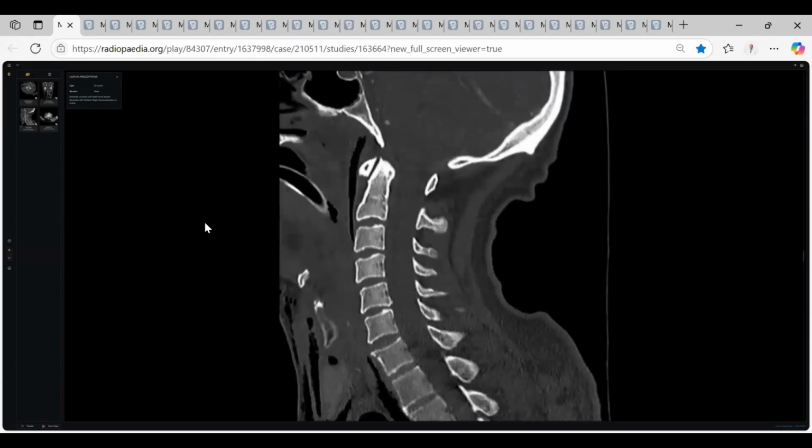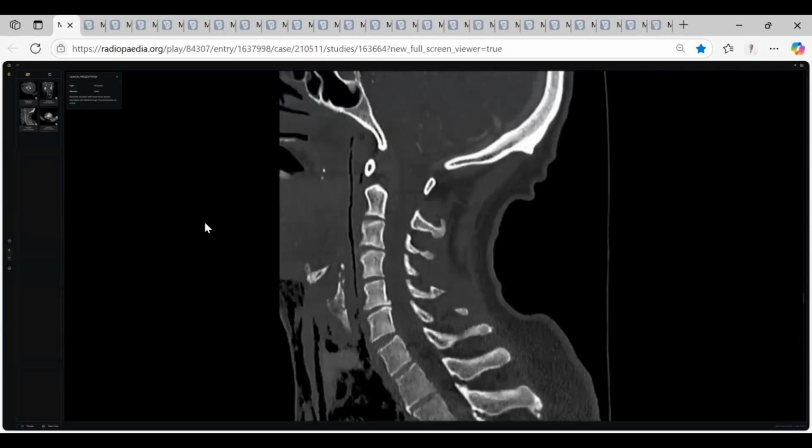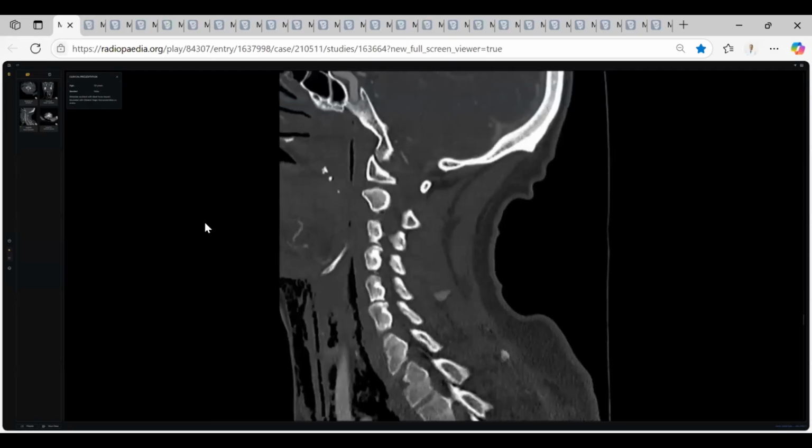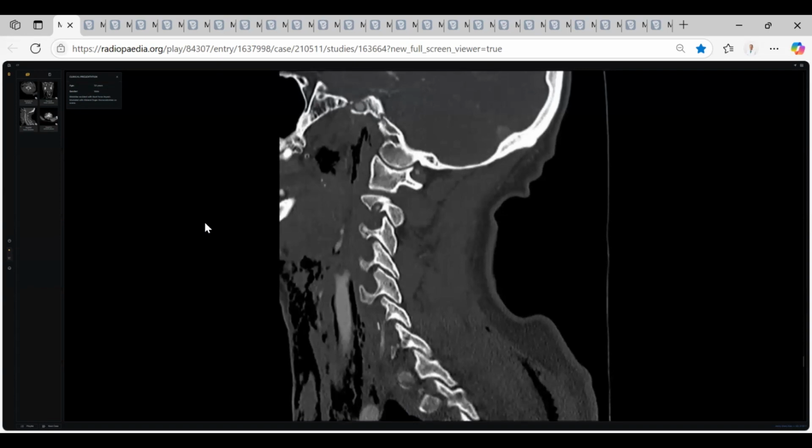Yeah. There is evidence of a fracture noted at the region of the C7 vertebral body, at the superior corner. I want to see the facet joint, if there is any evidence of facet dislocation or perched facet. The facet joint appears normal.